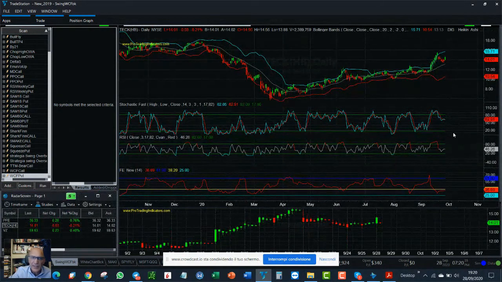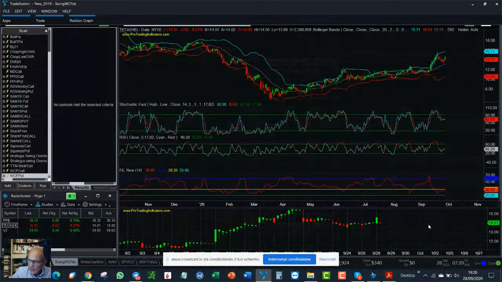Is the stochastic above or below the overbought or oversold area? Is the RSI below or above? Depends, of course, on whether you are bullish or bearish, and so on. Once we have all the criteria matching together, then we're going to have a really good entry point.